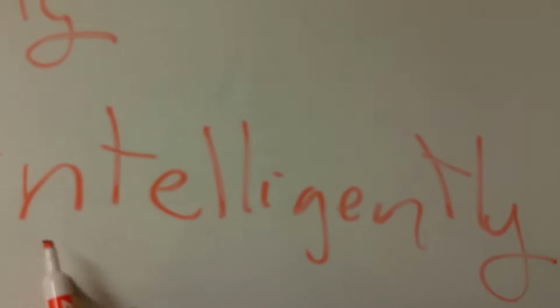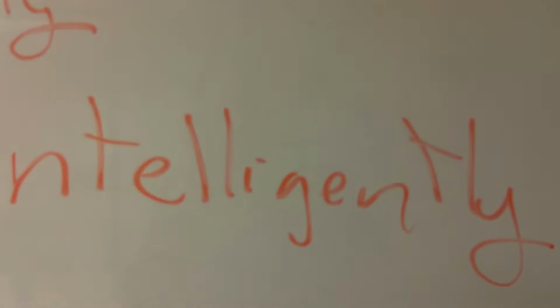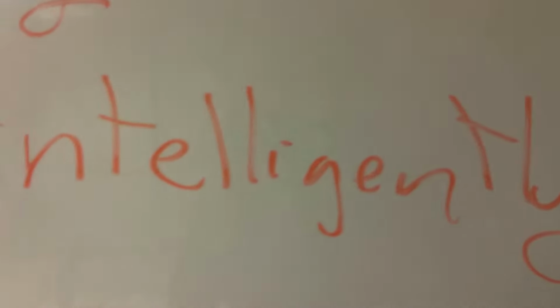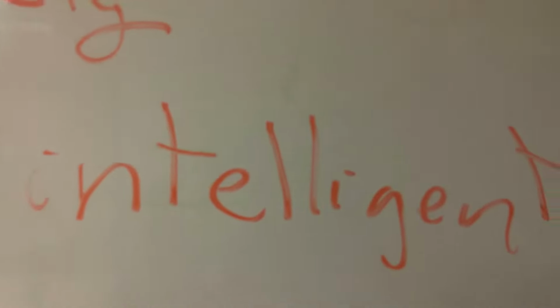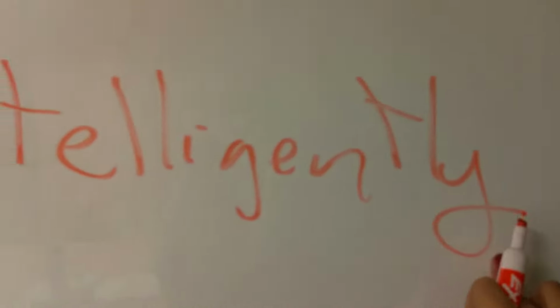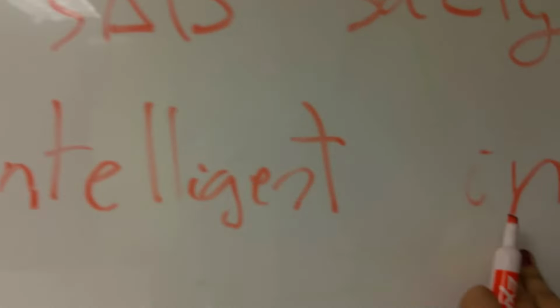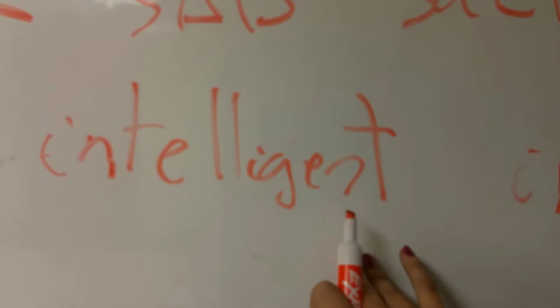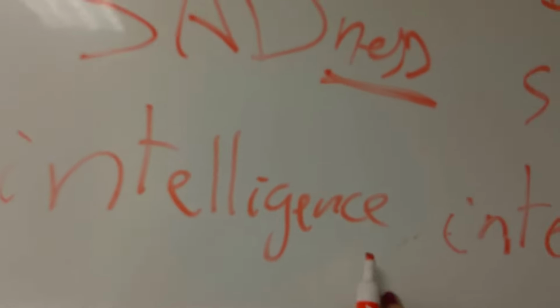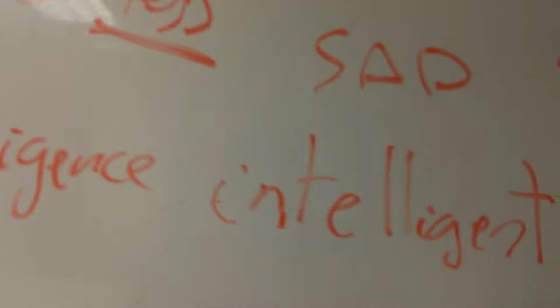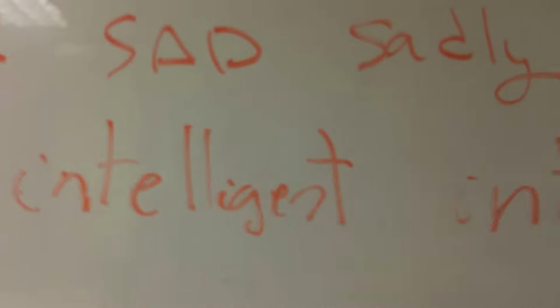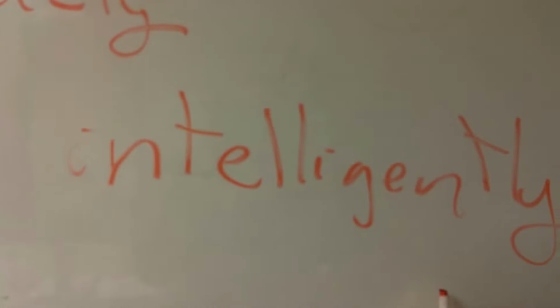The girl used intelligently a wide range of vocabulary. The girl answered all the questions intelligently, in an intelligent manner. The girl was intelligent. The intelligence of the girl, the girl's intelligence, was shown by her elaborate answers. All right, that's another example.